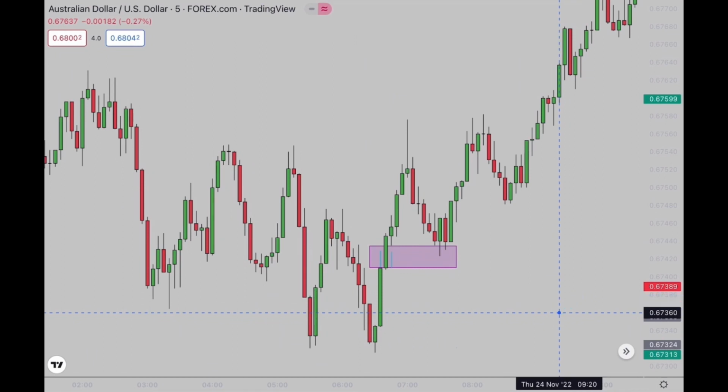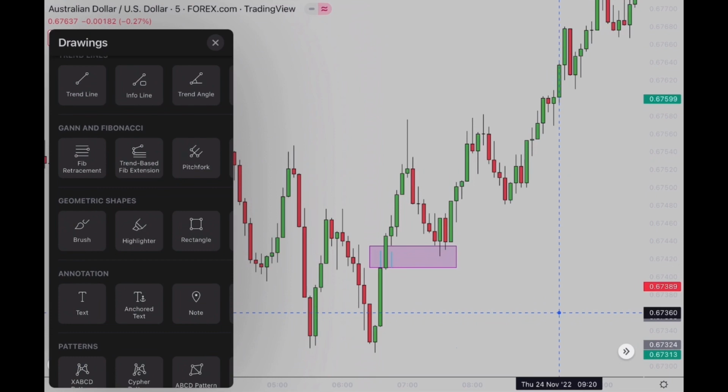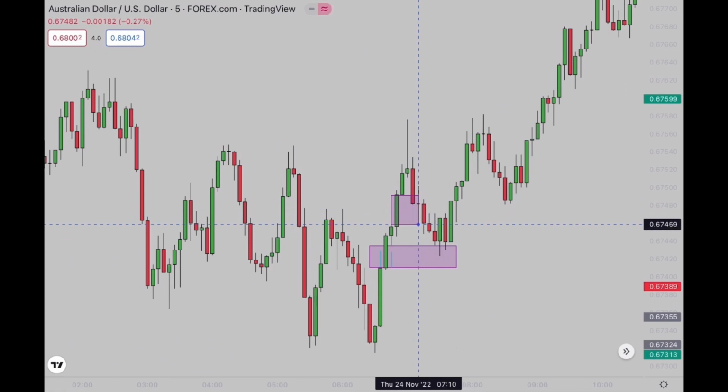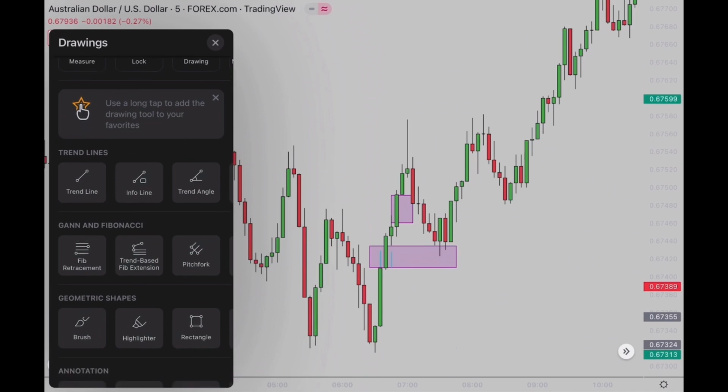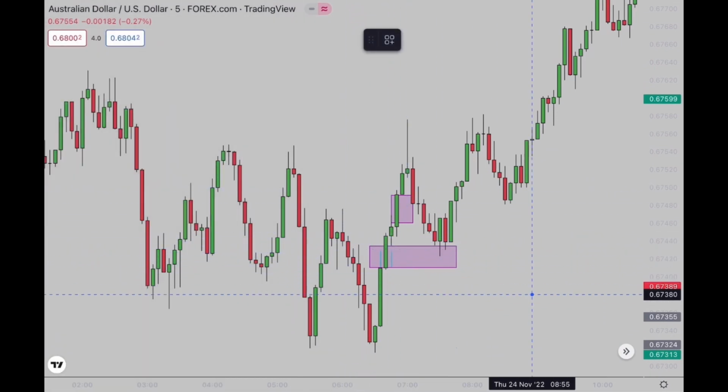Here you could also see for yourself that we got more than two of them actually. But always you should not use the first fair value gap, which is this in this case, but the second, which is here, right?